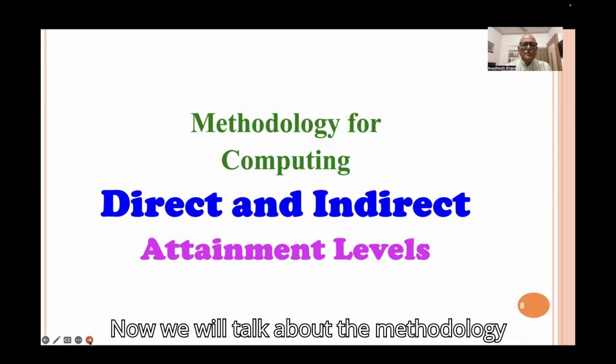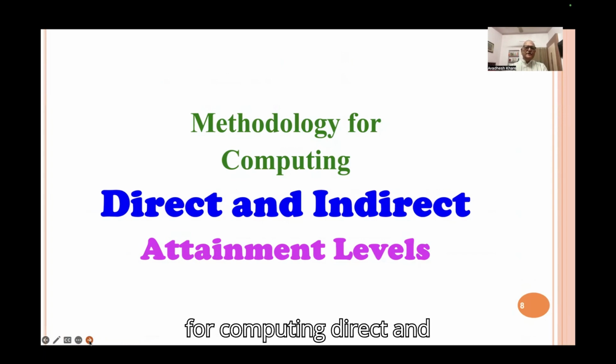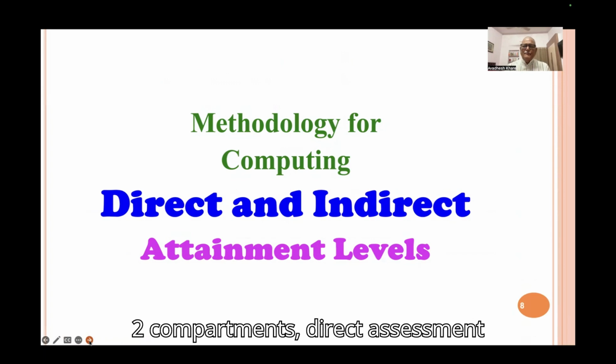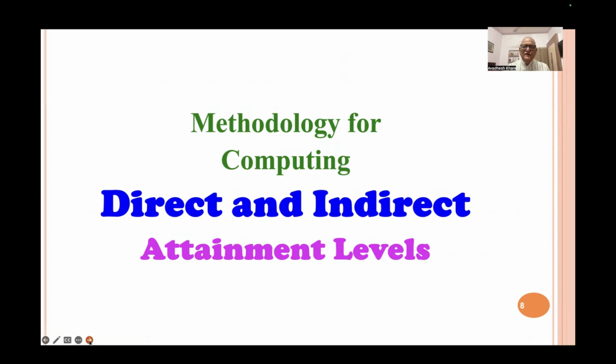Now we will talk about the methodology for computing direct and indirect attainment levels. So the computing CO level is divided into two compartments: direct assessment and indirect assessment.